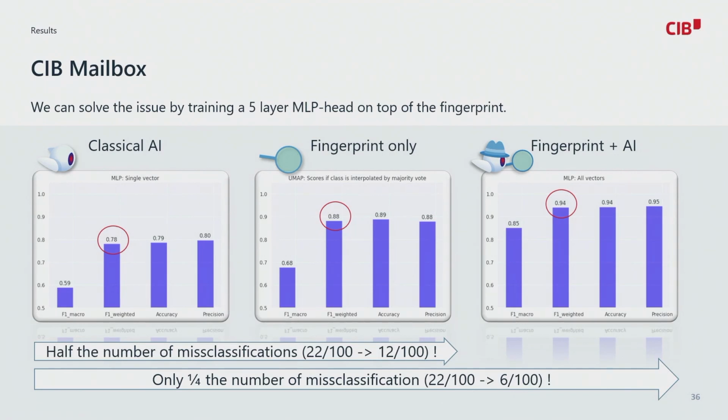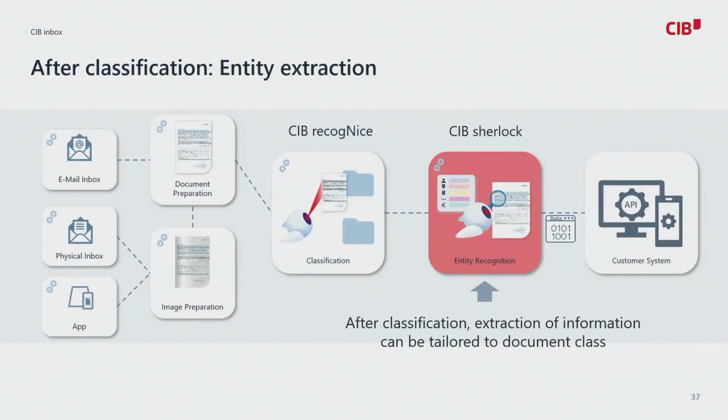Yeah, so we talked about the classification. Now I want to quickly talk a bit about our entity extraction. The entity extraction system is something that necessarily comes after the classification system. So the idea is you have these different document types, and some document types should be extracted with different information in mind.